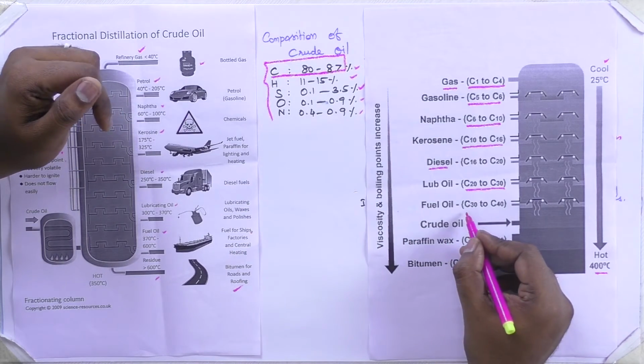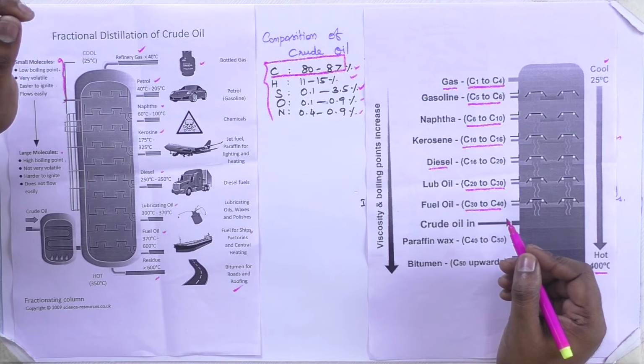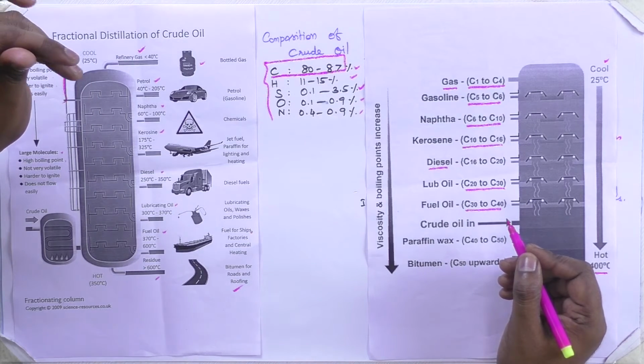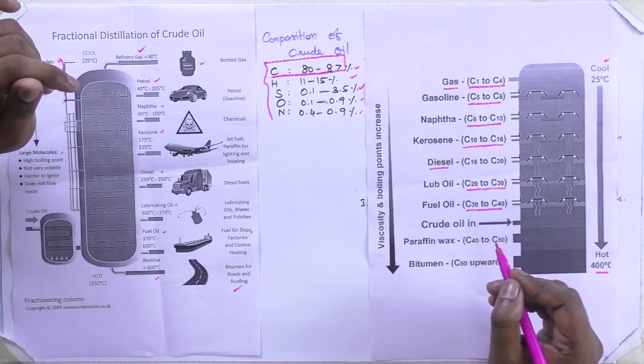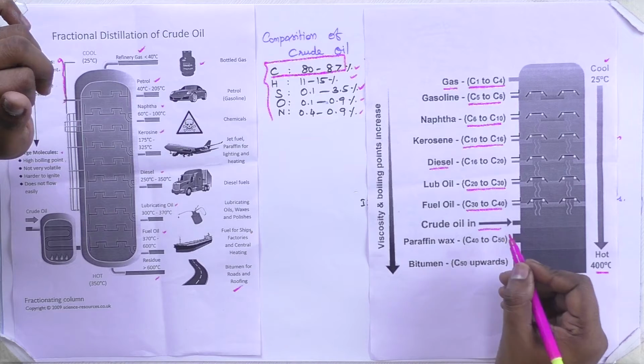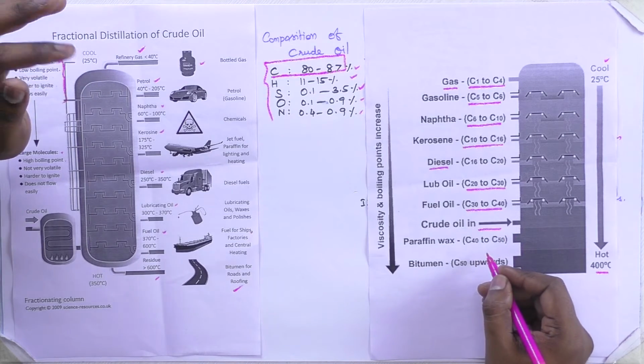So it has C32 to C40, and we know that it is hard to ignite also. So it has high viscosity. And the final ones are paraffin wax and bitumen.